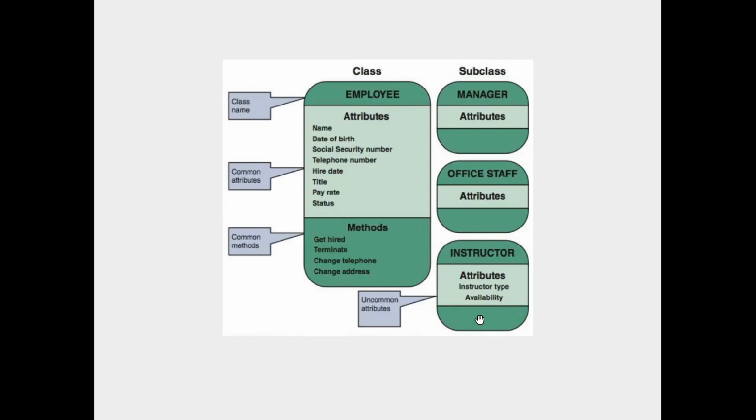So you can see that when we have classes, the objects within the class share the same attributes, and the subclasses can inherit, which means the same set of attributes and methods can be shared within the subclass, but they can have their own set of attributes as well.